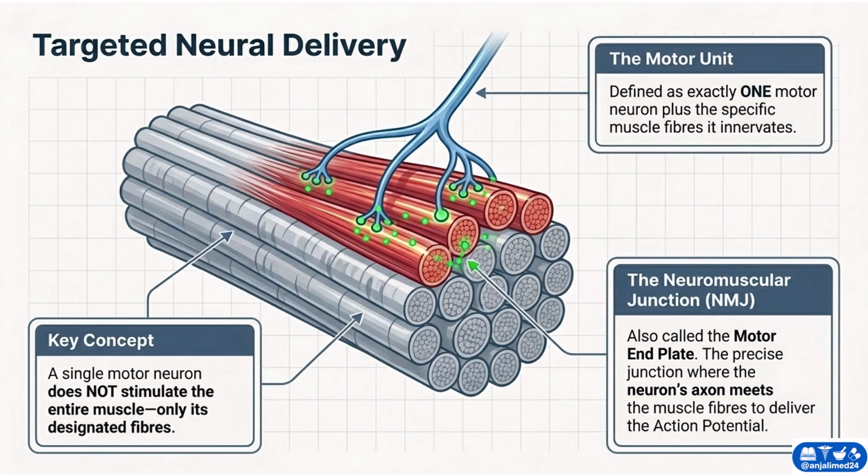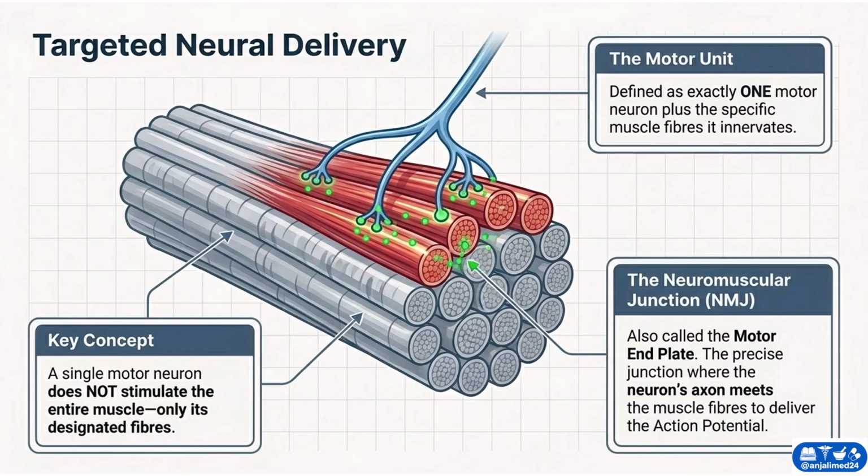The organization of motor units also determines movement precision. Small motor units, such as those controlling the eye muscles or the finger muscles, contain very few muscle fibers per neuron, allowing extremely fine control. Large motor units, such as those in the quadriceps or the gastrocnemius, contain hundreds of fibers per neuron, producing powerful but less precise movements.